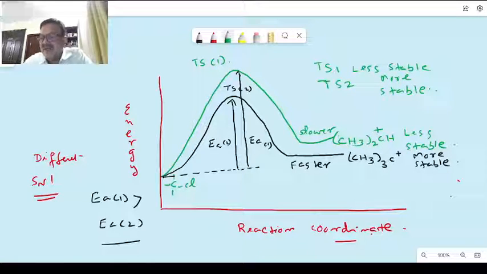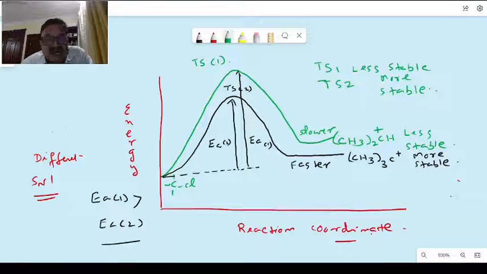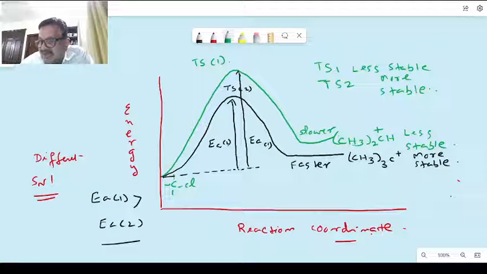Now, energy of activation EA1 is higher compared to EA2. Therefore, reaction number 1, where TS1 is there, is a slower reaction compared to reaction number 2. That is a faster reaction.